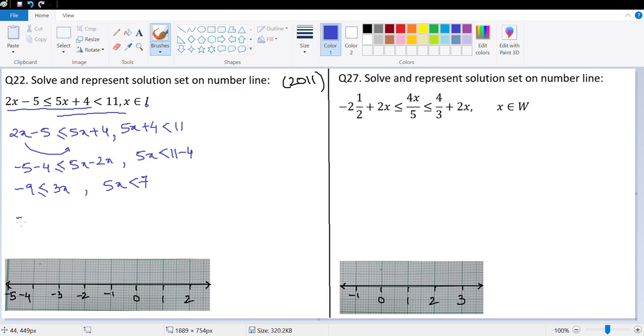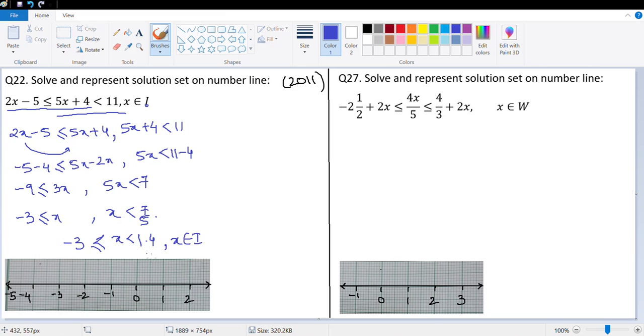Which means -3 is less than or equal to x, and x is less than 7 upon 5, which means x is less than 1.4. If I combine these two, then this becomes -3 less than or equal to x less than 1.4, where x belongs to integers.